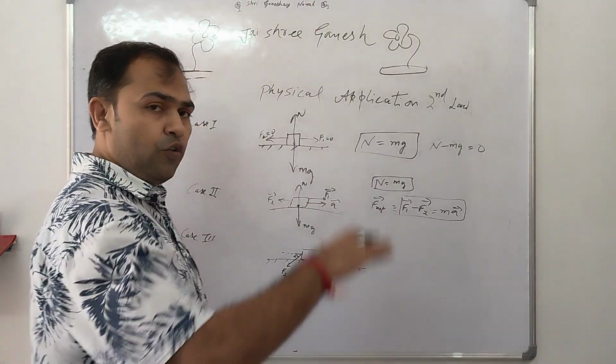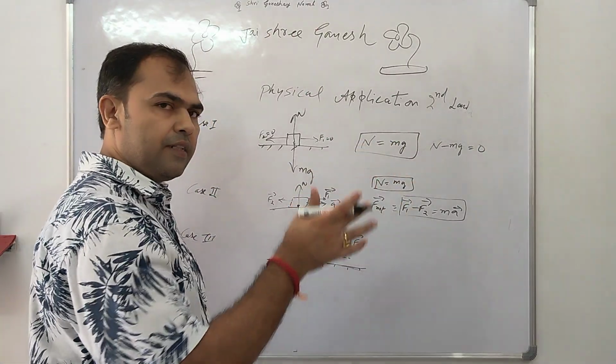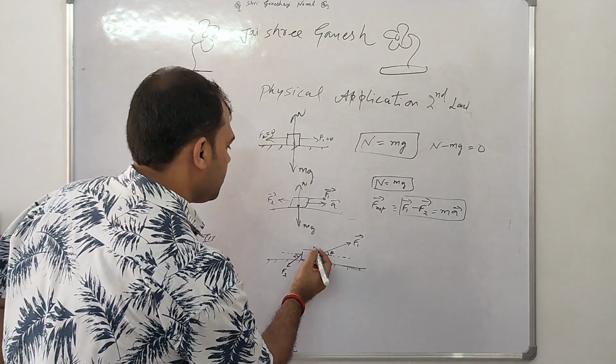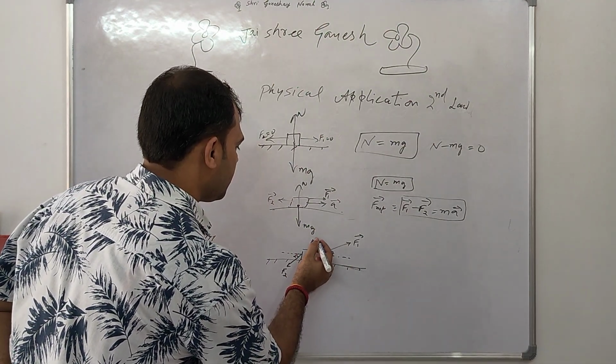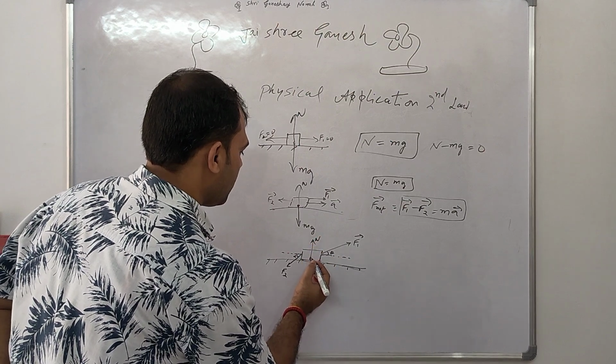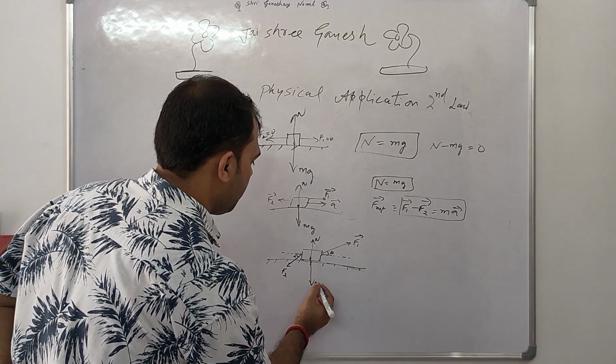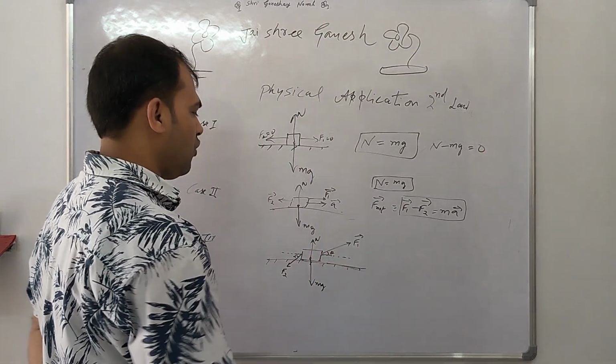Again, there will be no motion in the vertical direction. Here, normal reaction N will be upward, mg downward.